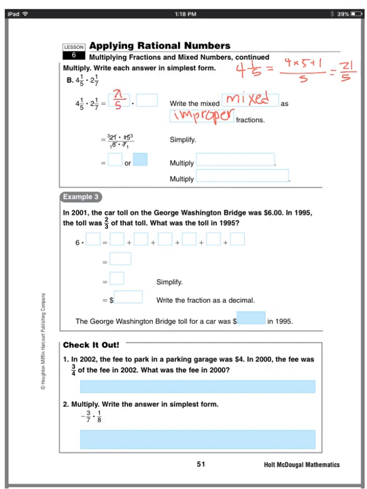Okay, and then 2 and 1/7, we're going to have 2 times 7 plus 1 over 7, which equals 15/7.